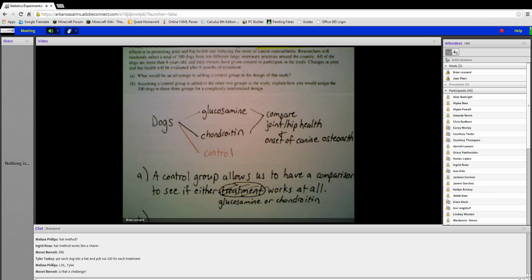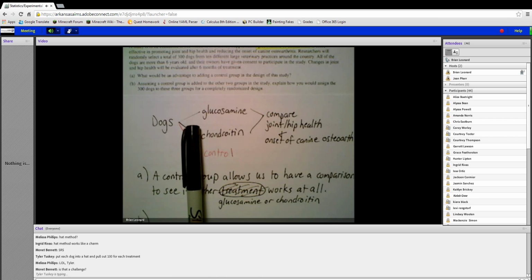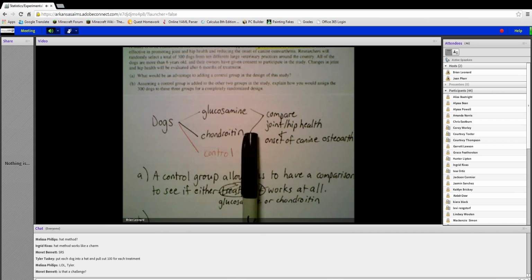Tyler, I understand what you're saying, but the scoring standard always says it has to be enough detail for someone who's basically mildly competent to be able to repeat it. So you want to say, the first 100 I pull out receive glucosamine. The next 100 I pull out receive chondroitin. And the last 100 receive the control.